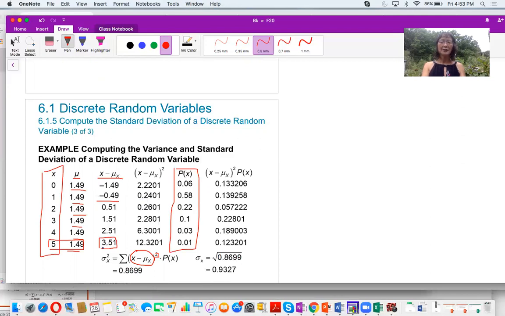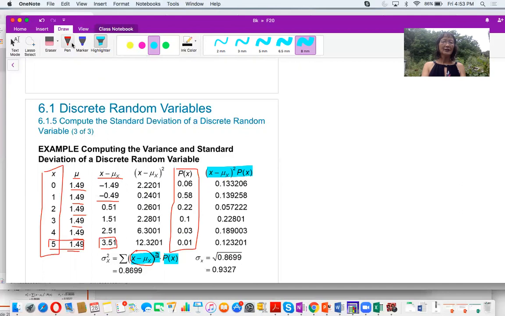The last one, you square 3.51, you get 12.3132. Once you square it, you have to times P(x). Why times P(x)? Because the formula said you need to use this (x minus mu x) squared multiplied by P(x). So you need this P(x) value, and then you do the multiplication here.